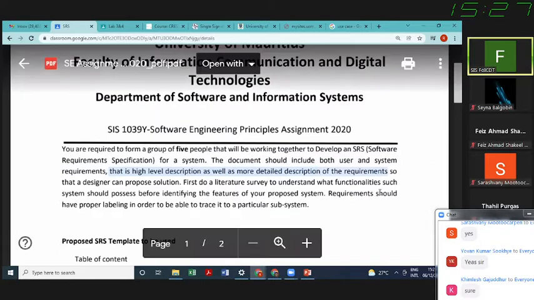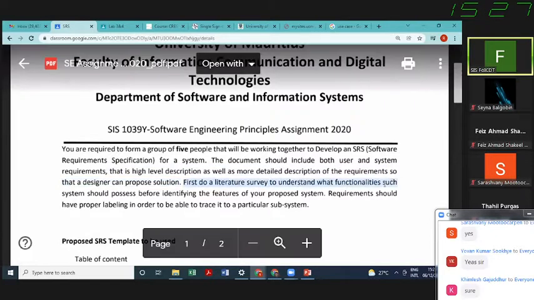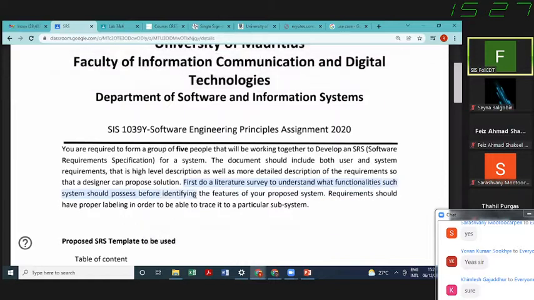This is what we saw in terms of level of abstraction. So you have to specify a high-level description, but also a more detailed description of the requirements so that a designer can propose a solution. First, do a literature survey to understand what functionalities such a system should possess before identifying the features of your proposed system.